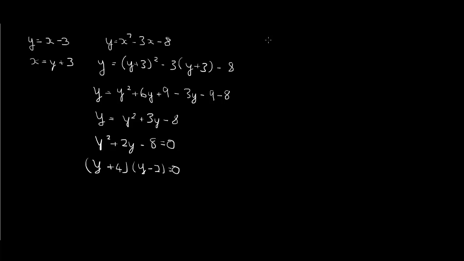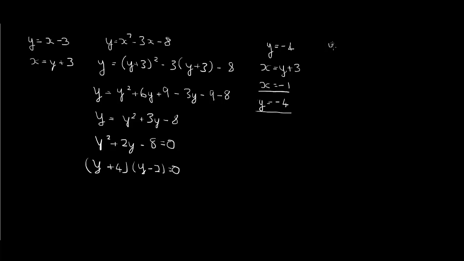So using the value of y equals minus 4, substituting back in the original linear equation, x equals y plus 3, gives us x equals minus 4 plus 3, which is minus 1. So that's x equals minus 1 alongside y equals minus 4.